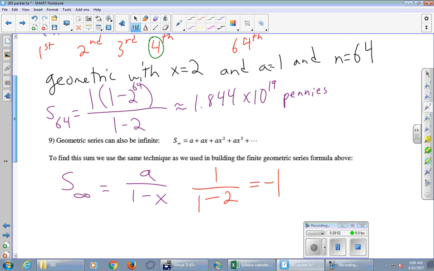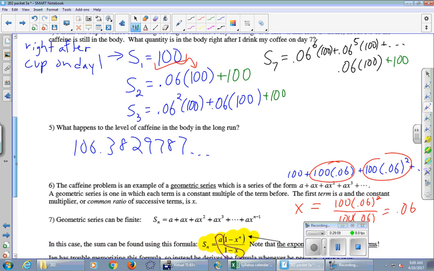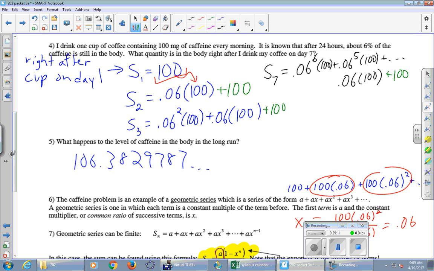So you have to make sure that you only use that purple formula when the series converges. The thing going to infinity means the series diverges. It's the definition. And so what kinds of things will allow us to have a series that converges? Well, if we take a look at our coffee example, what was the magic multiplier? 0.06, which made it so that the terms are getting small, small, small, tiny, tiny, tiny, as opposed to the chessboard where the terms are getting bigger and bigger and bigger.